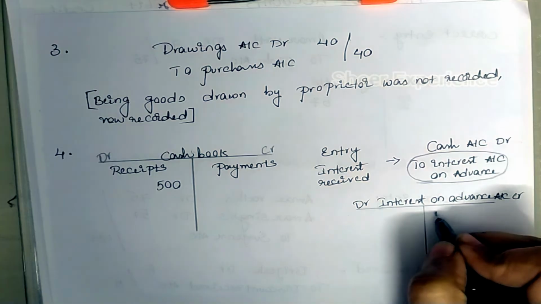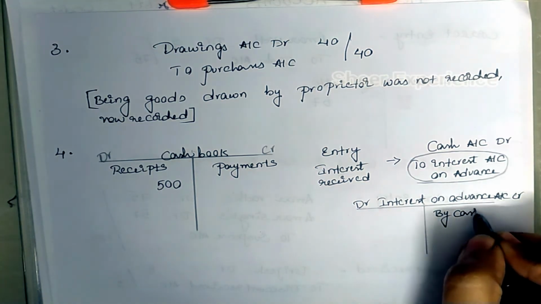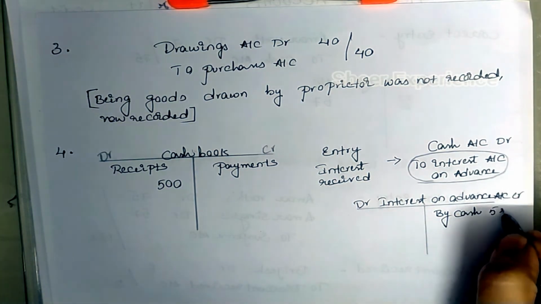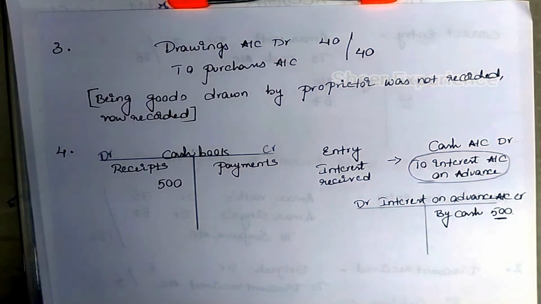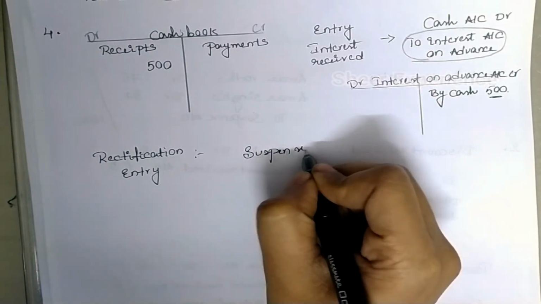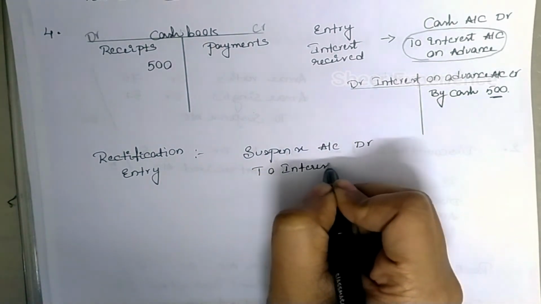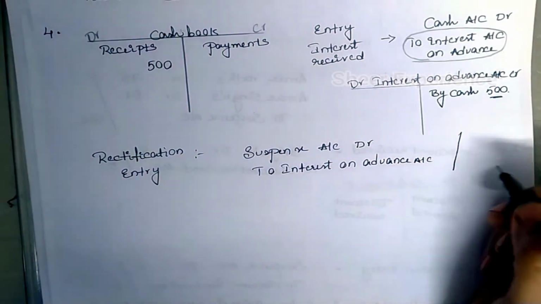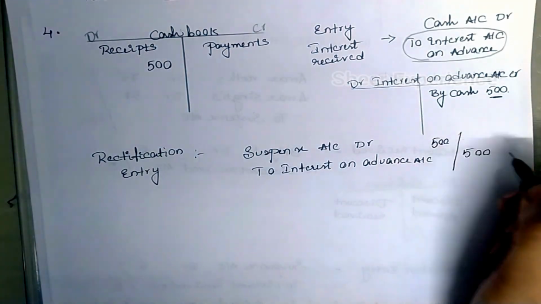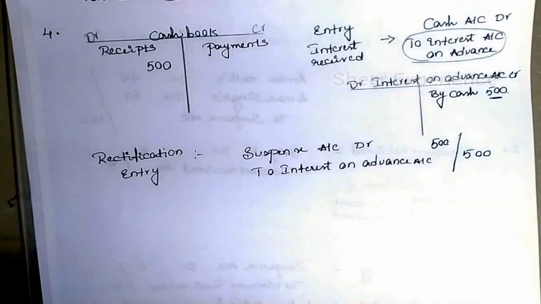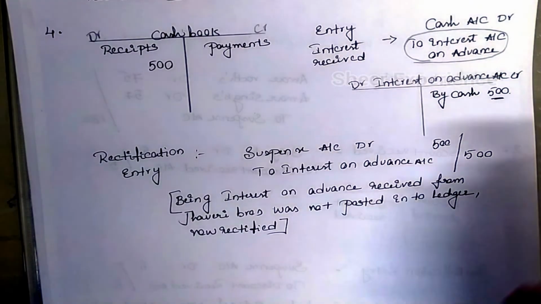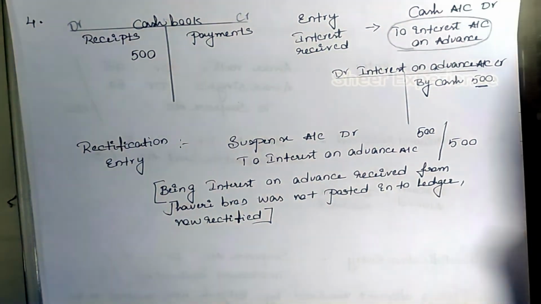So, in the interest on loan advanced account, we have to mention the amount on the credit side as by cash 500. Since we have not mentioned by cash, we are using suspense account. So, the rectification entry is suspense account debtor to interest on loan advanced account. The amount is 500. This rectification entry is the solution.